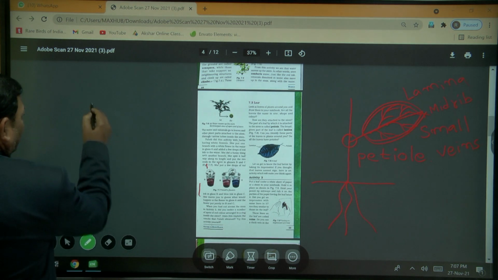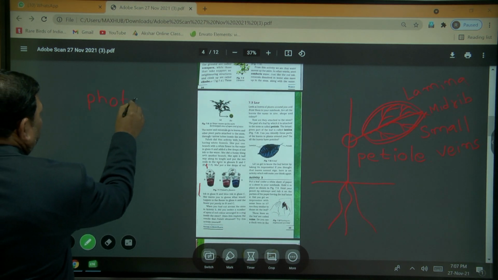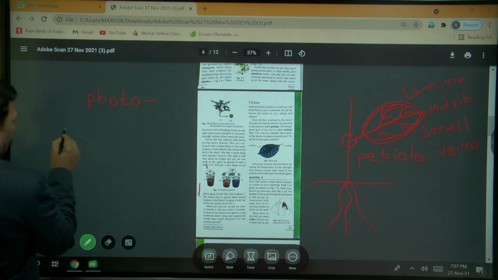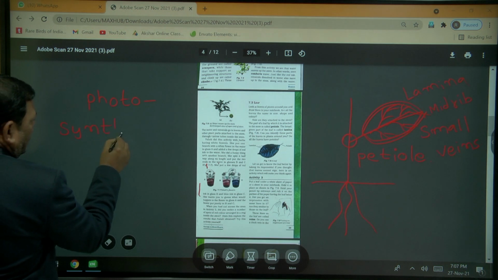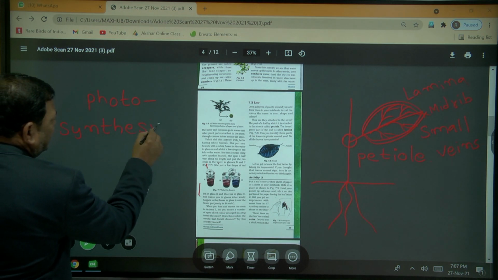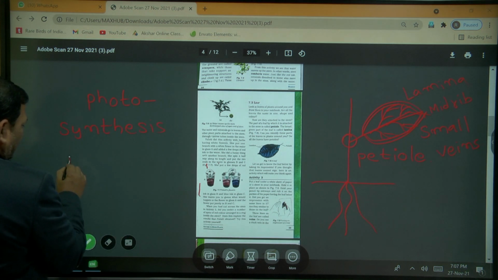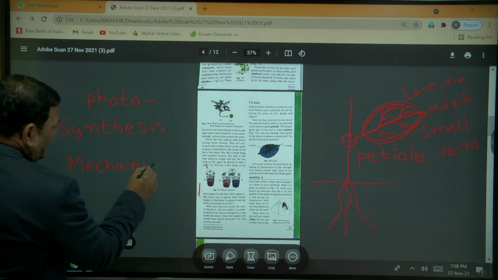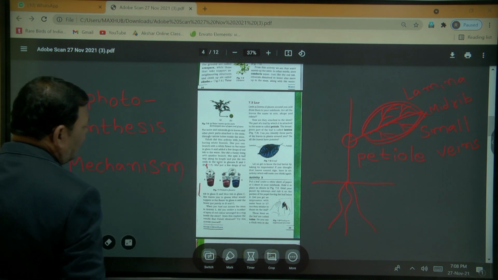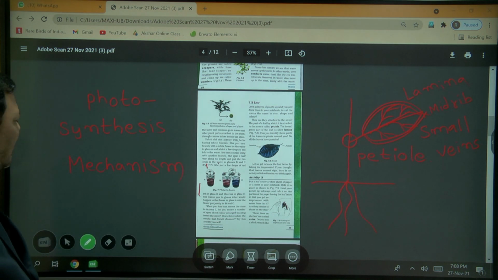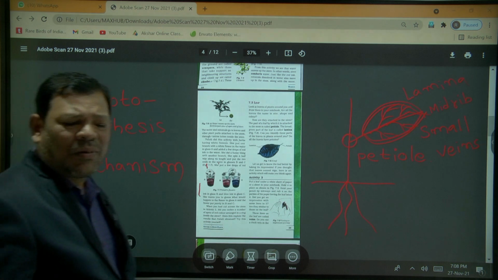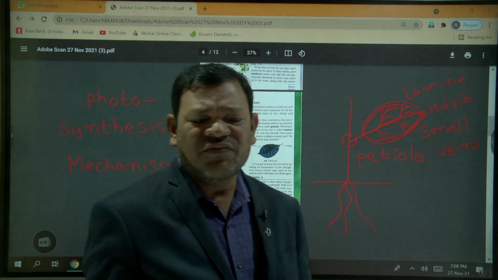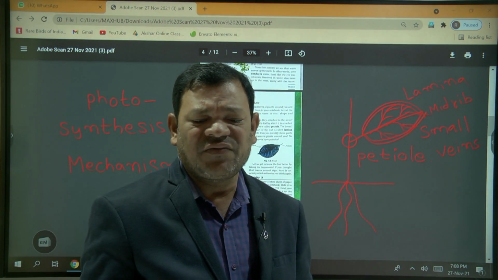What is that? Photosynthesis mechanism. The photosynthesis mechanism occurs in the plant especially in the leaf.